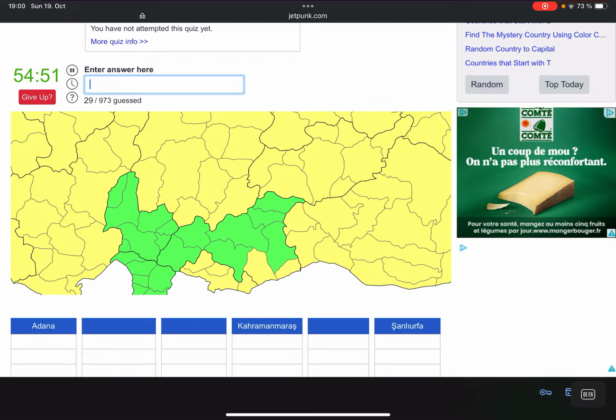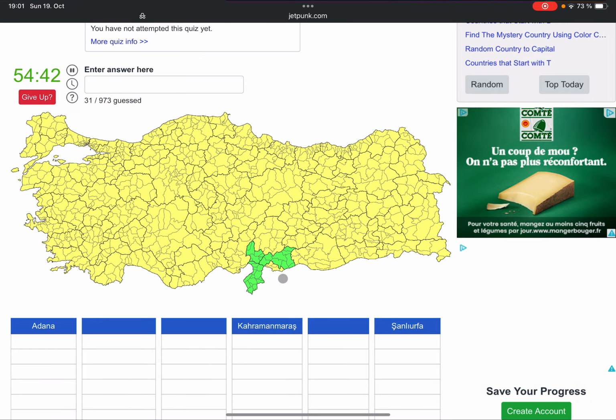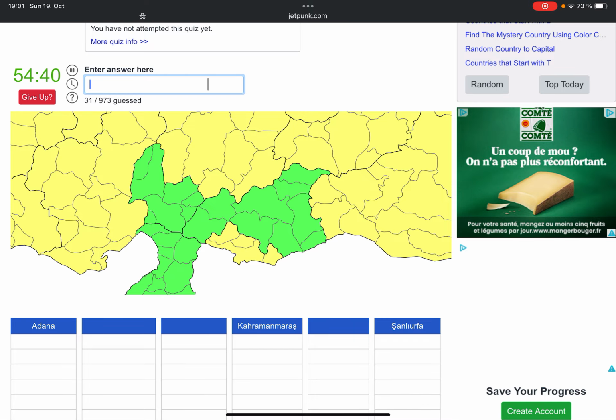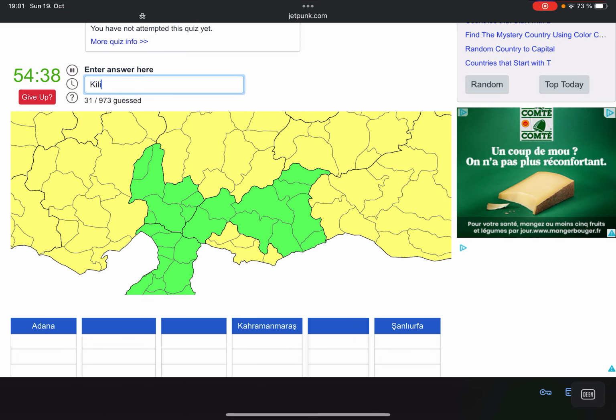Then we have Nizip, Karkamış, and Oğuzeli. And let's just quickly do Kilis province here at the very south end. So Kilis is the capital, and then we have Polateli, we have Musabeyli, and Elbeyli.